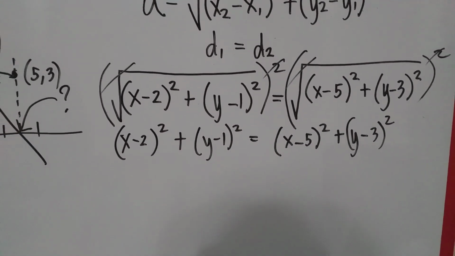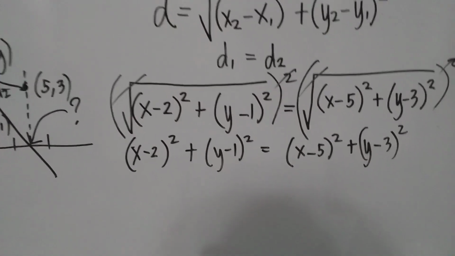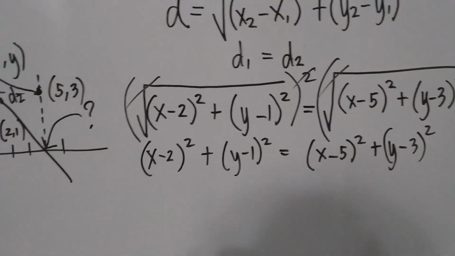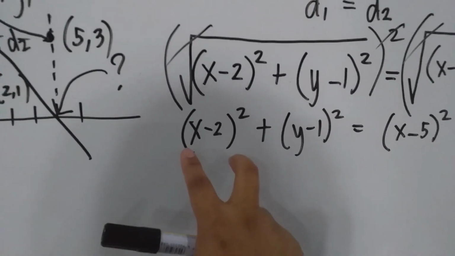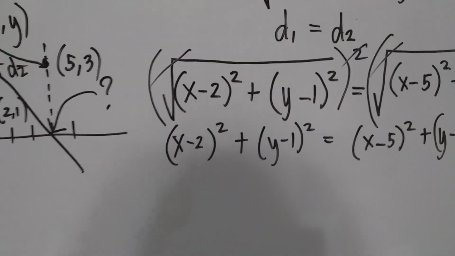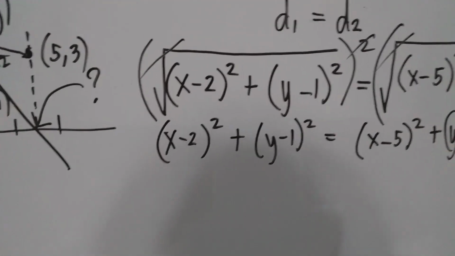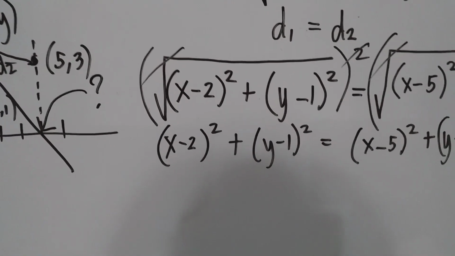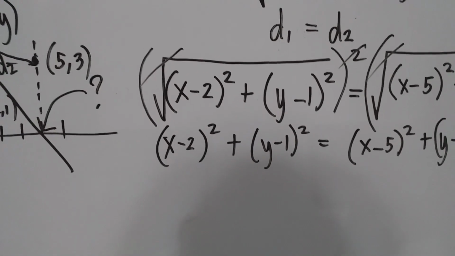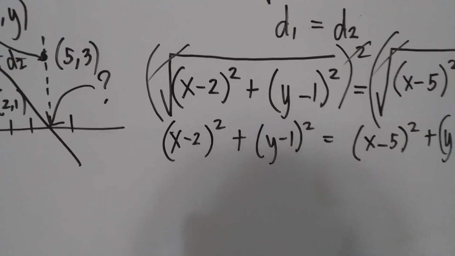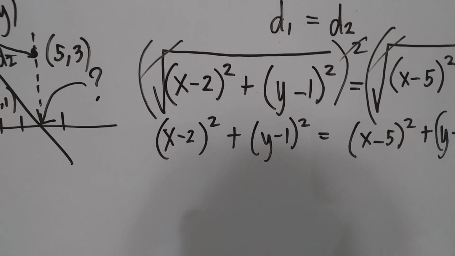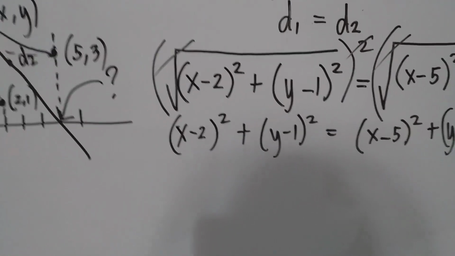Next is to expand these binomials. The formula for the square of a binomial, (a plus b) quantity square, is a square plus 2ab plus b square.